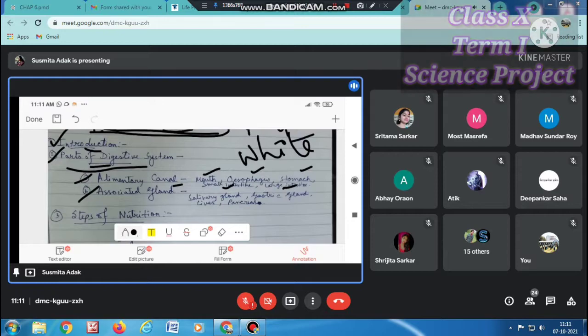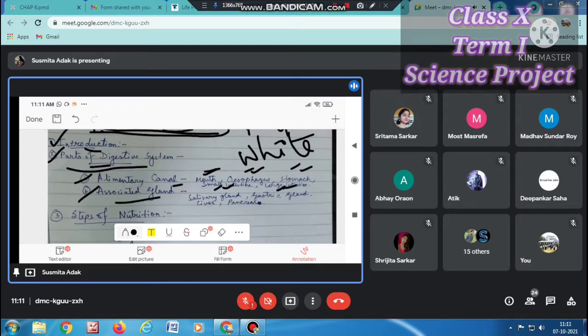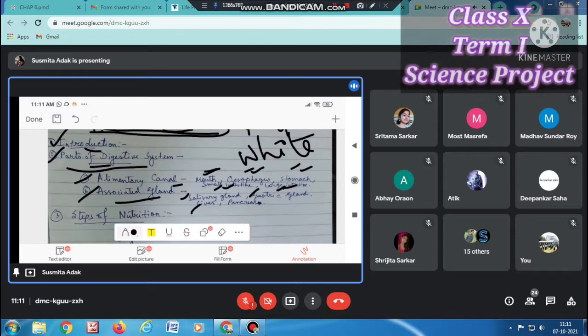This alimentary canal should cover 1 or 1.5 pages. After that there will be the associated glands: salivary gland, gastric gland, liver and pancreas.